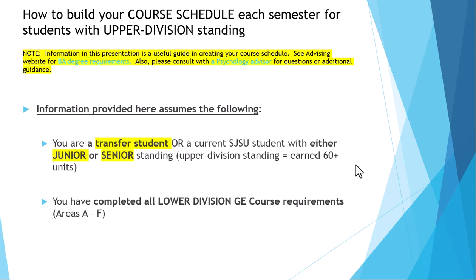As I said earlier, you have to have already earned 60 units or higher. I'm also going to assume that you've completed all of your lower division GE course requirements, so those are the areas A through F, the lower division GE core requirements.